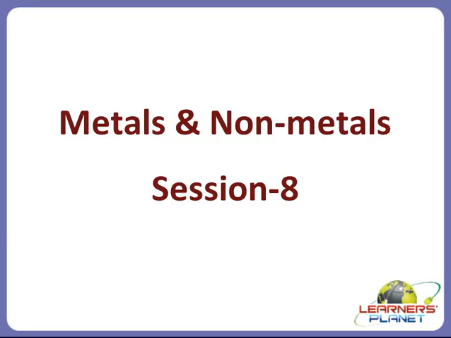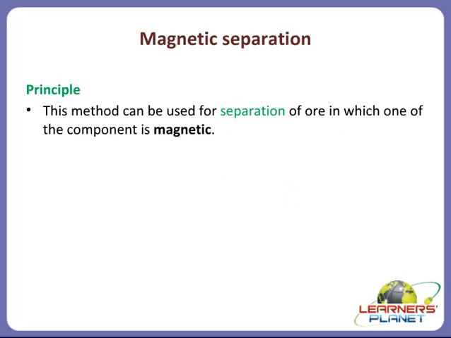Now in this session we will do magnetic separation, which is one of the processes of concentration of ore, and also the extraction of less reactive elements like mercury, and also the conversion of concentrated ore into its oxide. So now let's start with the magnetic separation.